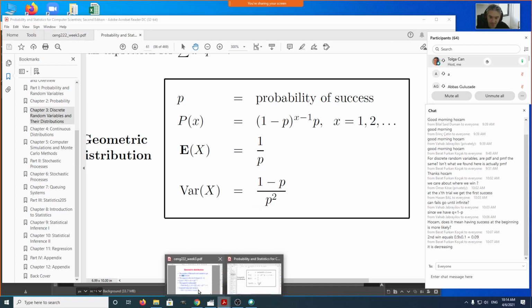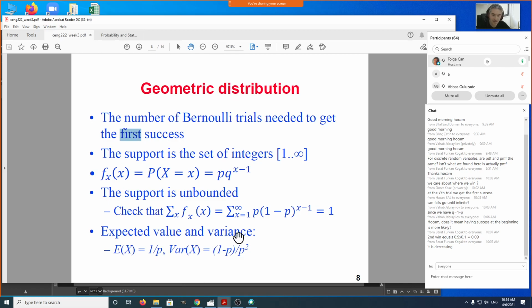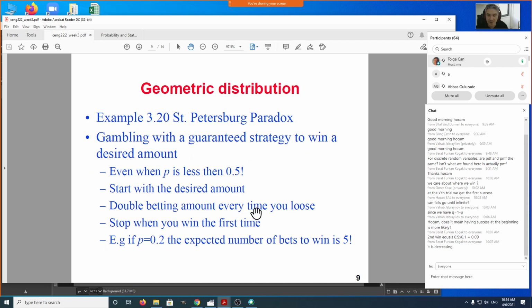So one example about the geometric distribution is an interesting paradox. It's not a paradox mathematically, but when you think about it, it seems like one. It's called the St. Petersburg paradox, which is a strategy to allow any gambler to win eventually the desired amount.